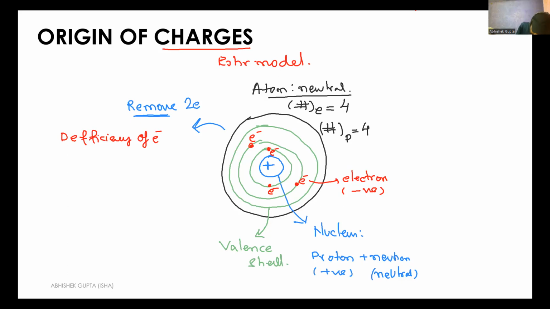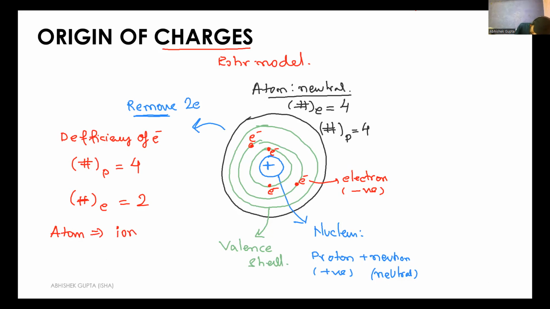The number of protons will remain the same, that is 4, but electrons have been removed, so the number of electrons has decreased by 2. Since we have a deficiency of electrons, the negative charge is less, so the positive charge is more. So we say this atom is now converted into an ion.